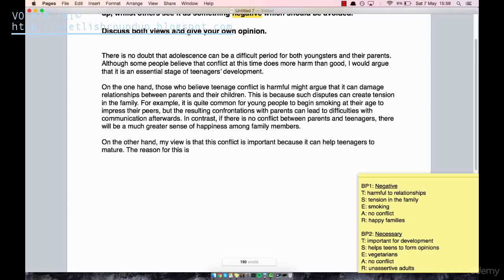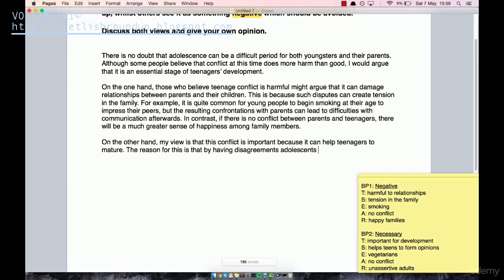So the reason for this is that, again, we've got to think of another word for conflict. Maybe we can extend it and create a phrase from it instead. Something like, by having disagreements. So the reason for this is that by having disagreements, teenagers, what's another word for teenagers?